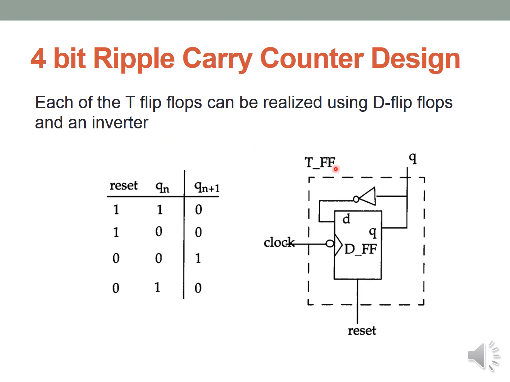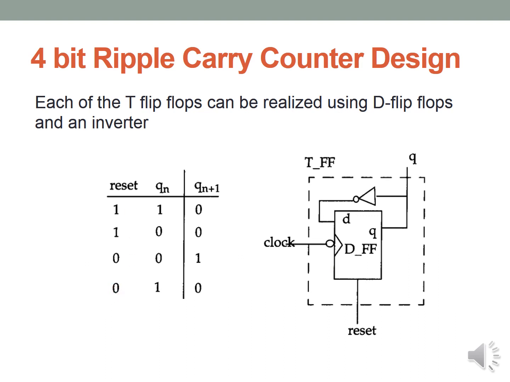So the T flip-flop module in the previous slide can now be realized using a D flip-flop and an inverter. When we take the output of a D flip-flop connected to the input through an inverter, this flip-flop now behaves like a T flip-flop, which can be illustrated in this truth table.